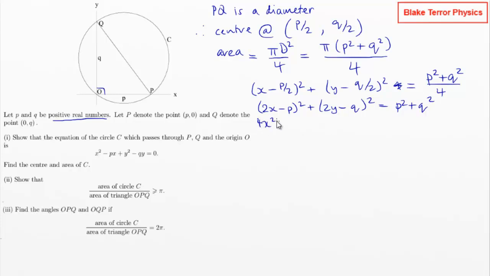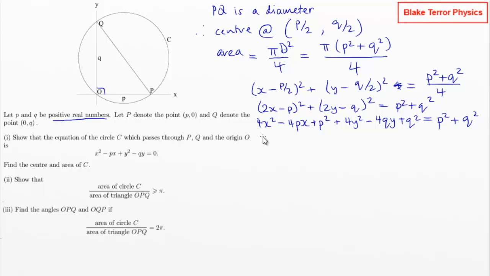So 4x squared minus 4px plus p squared. And then the same for y. So 4y squared minus 4qy plus q squared, so they're going to cancel the p squareds and the q squareds.